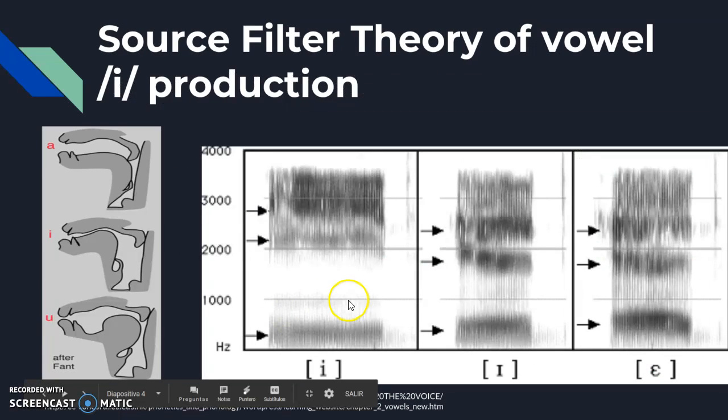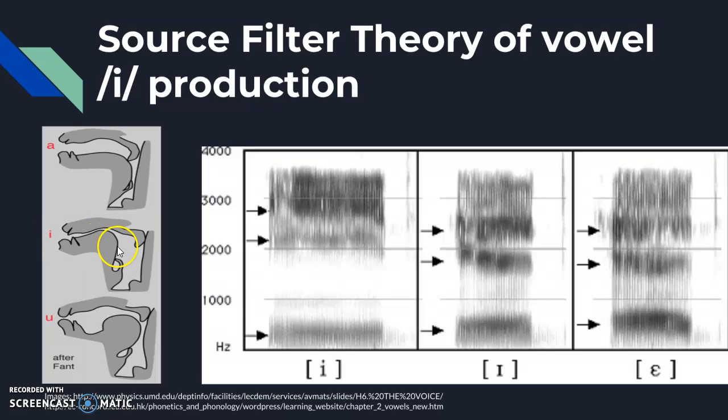And then on this slide, this is just another image of the vocal tract filtering system. So as you can see, for the E vowel, this part of the vocal tract remains relatively open. The velum is closing off the nasal cavity, and then the tongue is in this position.